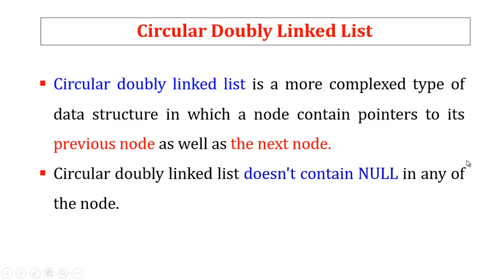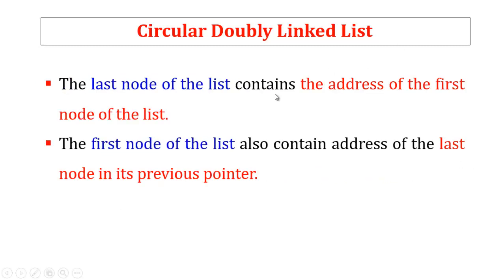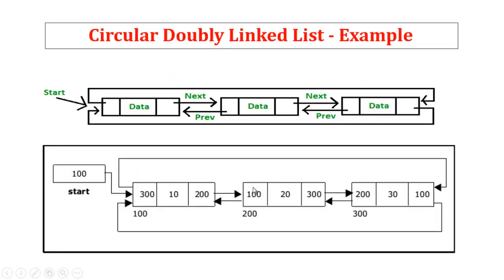A circular doubly linked list is more complex than any of the other linked lists: singly linked list, doubly linked list, and circular singly linked list. The last node of the list contains the address of the first node of the list, and the first node of the list also contains the address of the last node in its previous pointer. Take this example. Each node has three fields: a previous field, a data field, and a next field, because this is a doubly linked list, with a previous pointer and a next pointer.